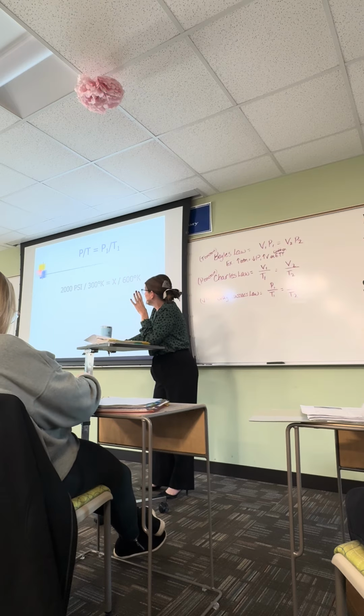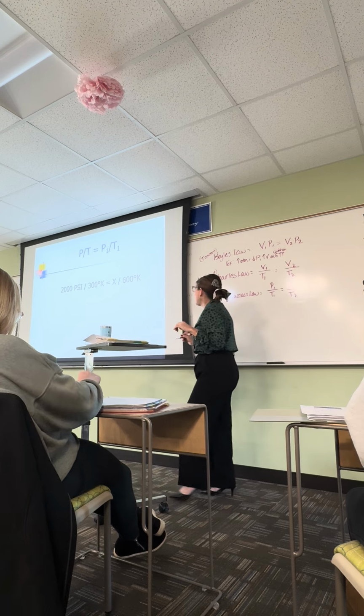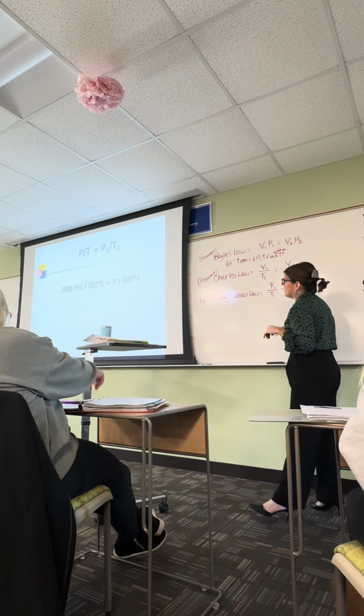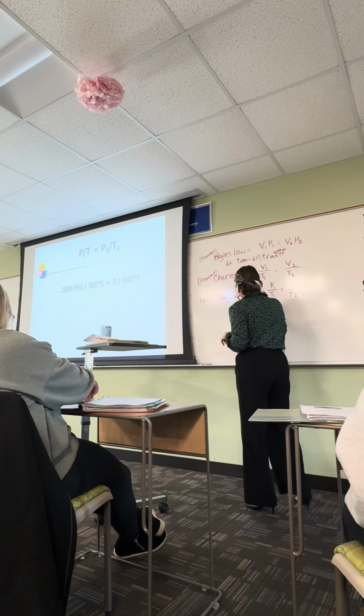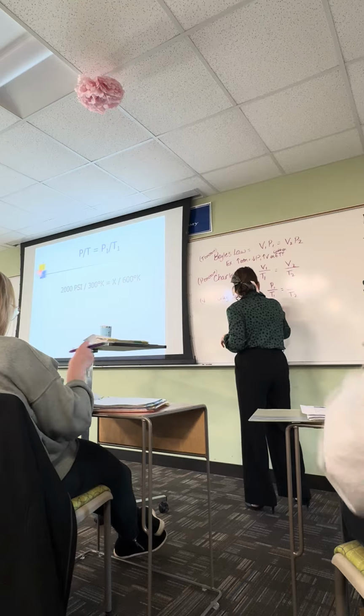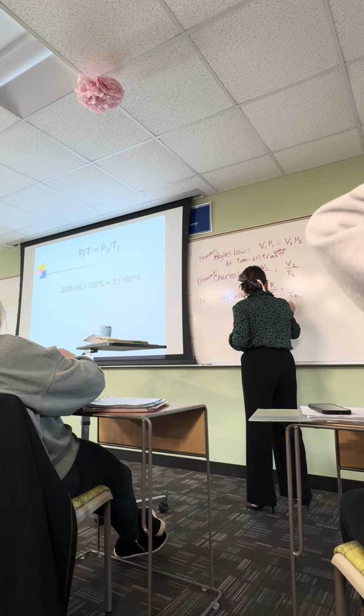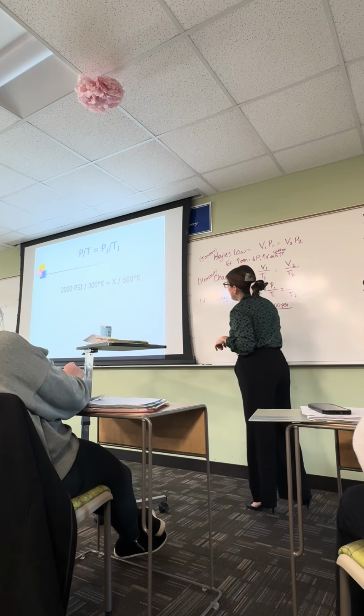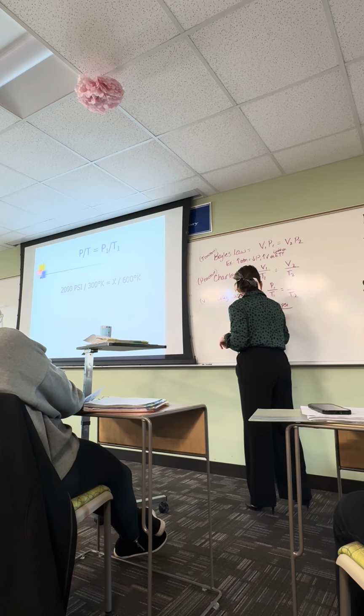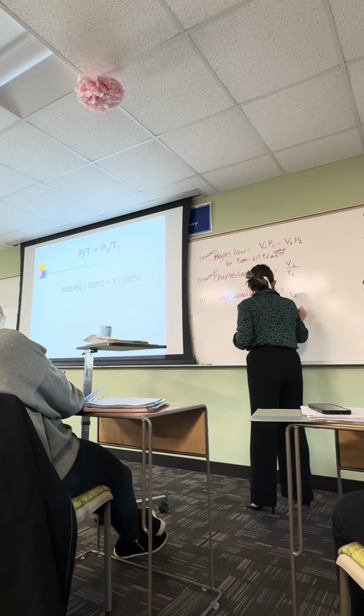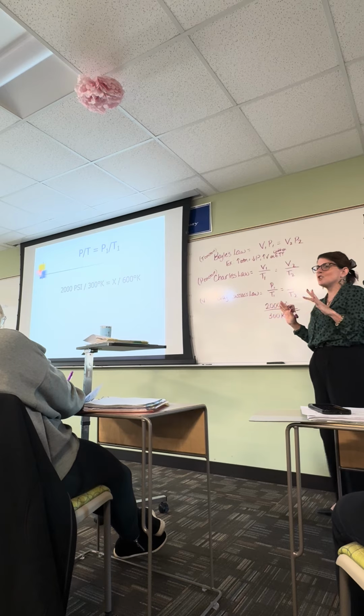All right, okay, so let's do some practice using Gay-Lussac's law. We have a starting pressure of 2,000 psi, and a starting temperature of 300 Kelvin. Now, don't let the units of measure bother you.